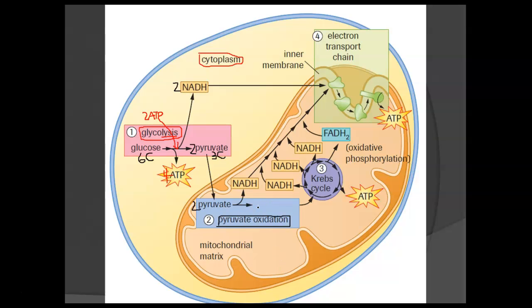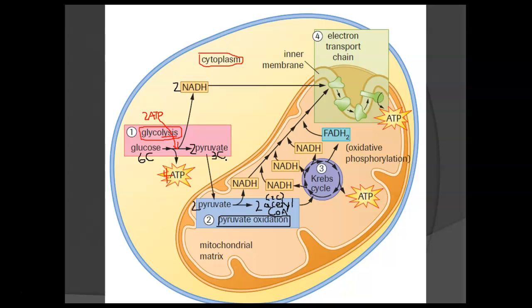Okay, and it's going to create some interesting things here. First thing it's going to do is create 2 what are called, I'm going to have a terrible time writing this, acetyl coenzyme A, or we'll just call it acetyl-CoA. And each of these acetyl-CoAs is 2 carbons in size.